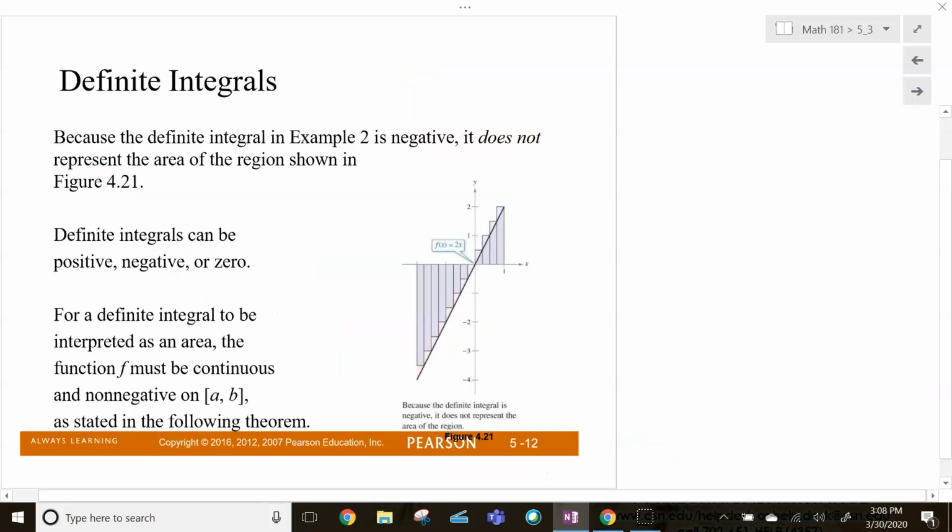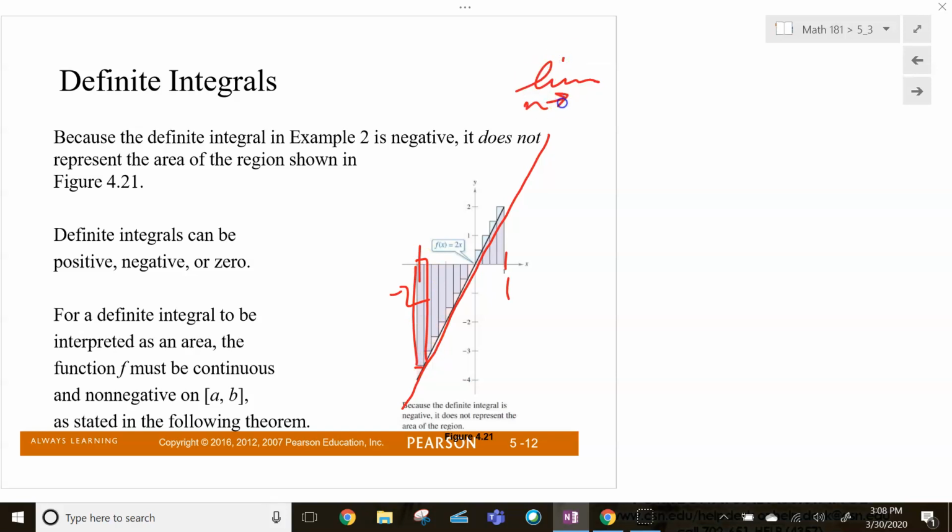Now let's talk about this definite integral. Notice this function y equals 2x right here, and we're going from -2 up to 1, right? Well, when we're running through this limit, the infinity summation, i equals 1, of f of ci times delta x, when we're finding the function height, like right here, this is a negative value.